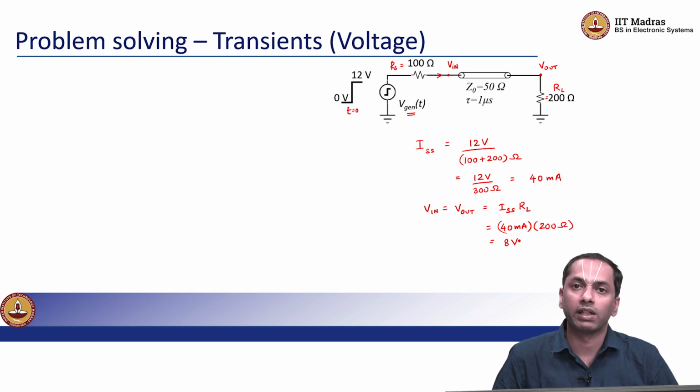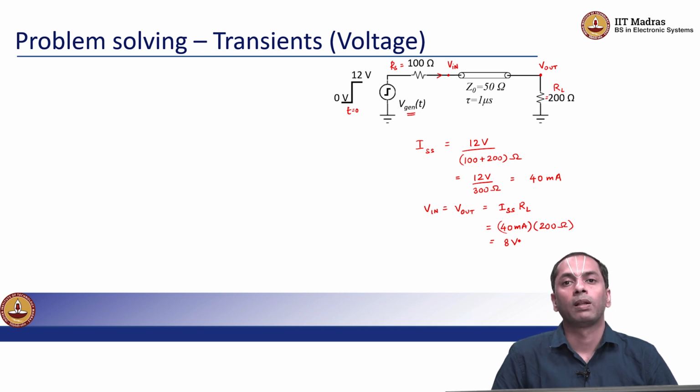The steady state value is not going to be established instantaneously. So, there is going to be a speed of light delay, there is going to be multiple bounces of the voltages and currents if the characteristic impedance is not the same as RL or RS.